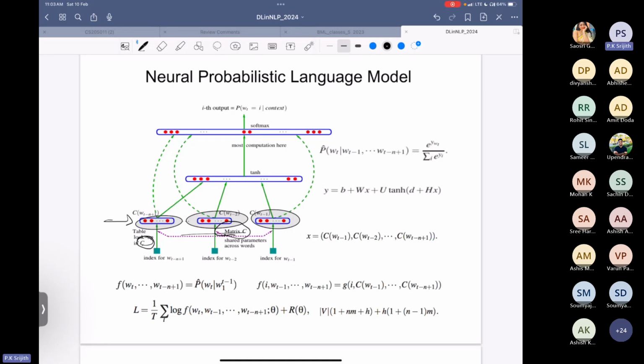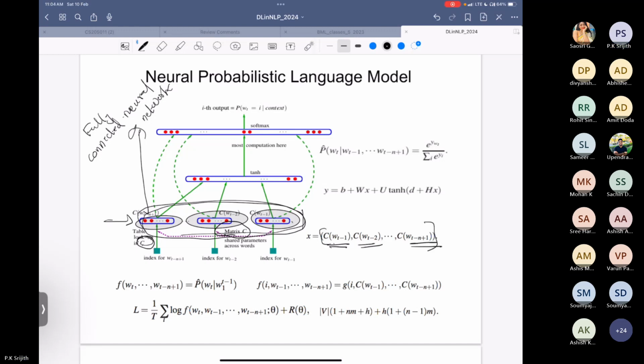And you concatenate these vector representations and pass that as input to a neural network. This is a fully connected neural network. So these are the different operations of what is happening. You get these vector representations for each of these input words, concatenate them, and consider that as your input.